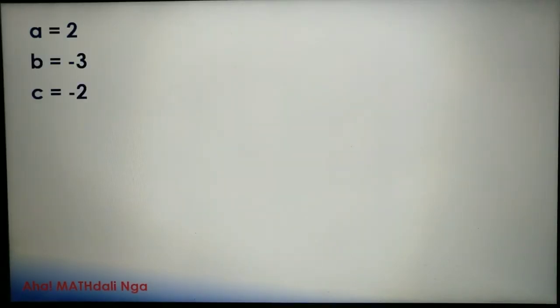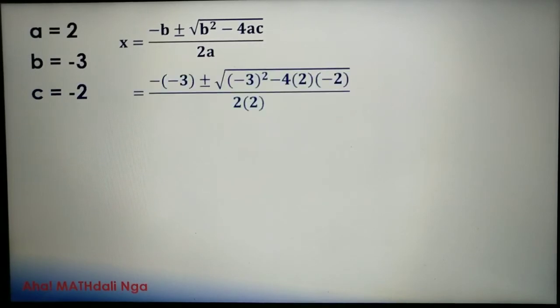We will substitute these values to the quadratic formula. By substitution, we have negative times our B, negative 3, plus or minus the square root of our B, negative 3 squared, minus 4 times A, 2 times C, negative 2, all over 2 times A, 2.